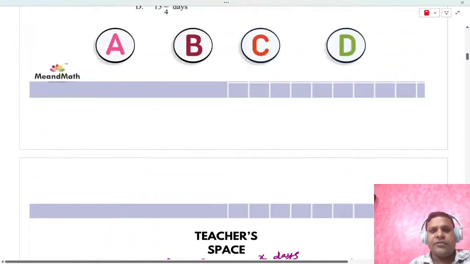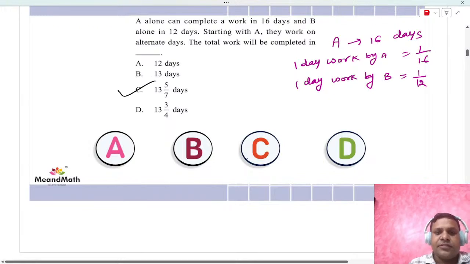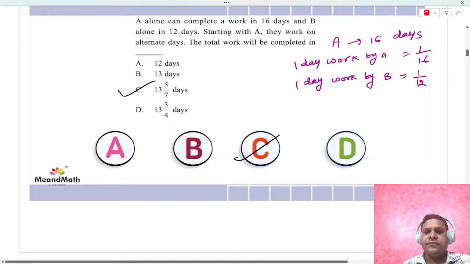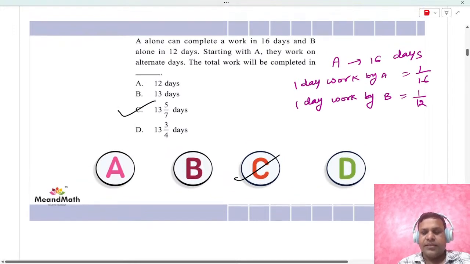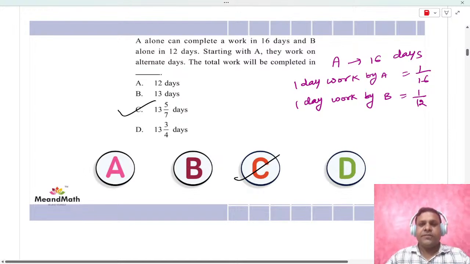Check the answer. Which option? 13 integer 5 upon 7. C option is the correct answer. Okay, I think this is clear to everyone.